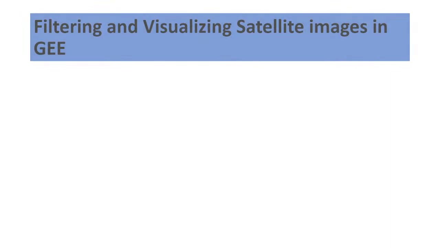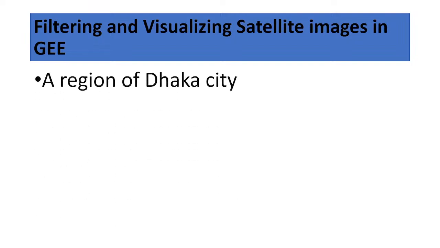In this part, I will talk about how we can filter and visualize satellite images. When you want to filter a Landsat image or Sentinel image, the filtering process depends on some factors. First, it depends on your specific region. Suppose you need a Landsat image for Dhaka city.